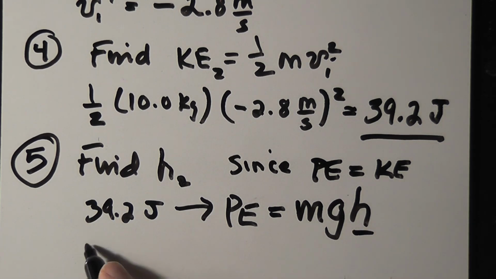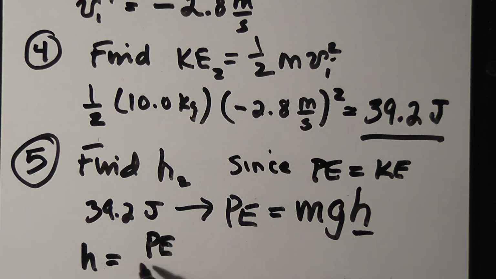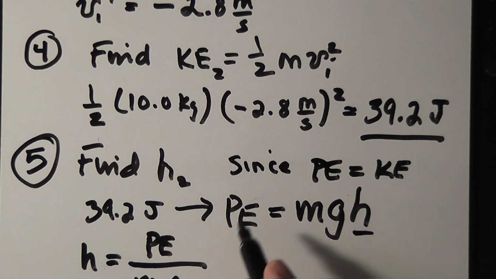So h is going to be equal to the potential energy divided by the mass and g. Now this potential energy is equal to the kinetic energy, but what we're doing is borrowing the potential energy equation to find h.